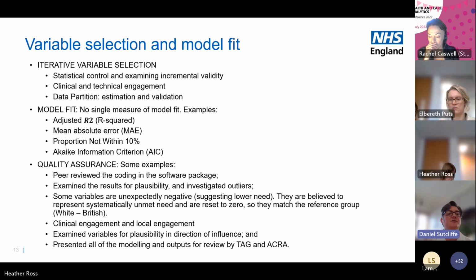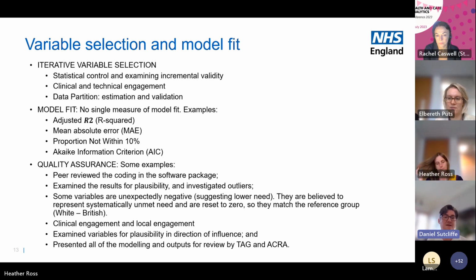Our governance group, which we present all our findings to, discussed this in depth. Their view was that this is not a reflection of reality. It's more likely to be showing unmet need. So rather than build what we think would be unmet need into the model and therefore into the allocations, we set the coefficients for those variables to 0.